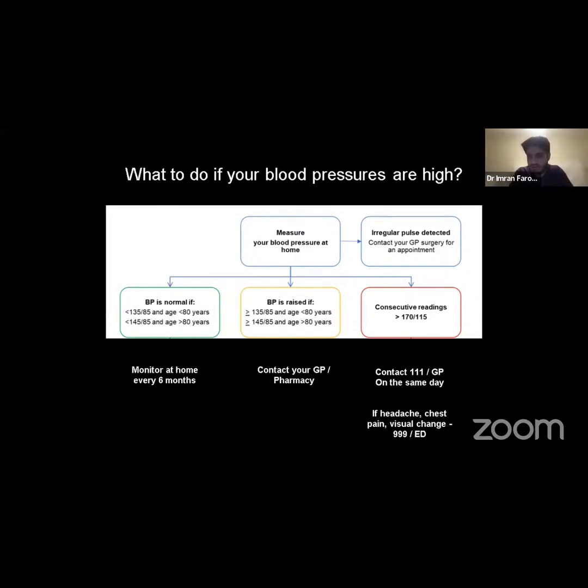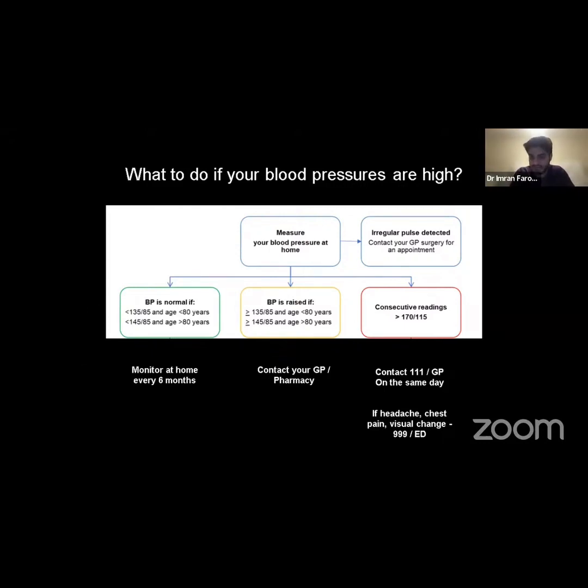And then on the very far right, I've written the worrying sign, which is when it's really high, above 170, 180. If that's happening, you need to call someone on the same day. If you can't get through to your GP, then just call 111.